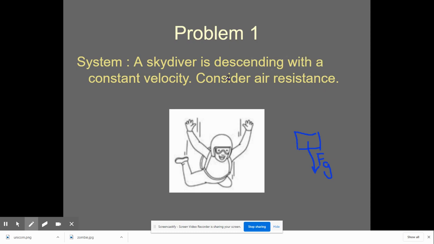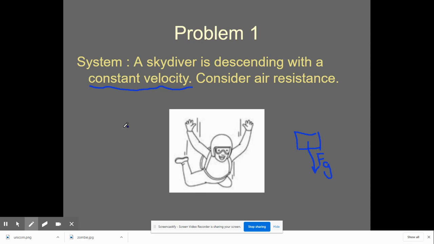This skydiver is falling with, and this is important right here, a constant velocity, a constant speed, not speeding up, not slowing down, not changing direction. His speed is constant. If his speed is constant, then he must have balanced forces acting on him.